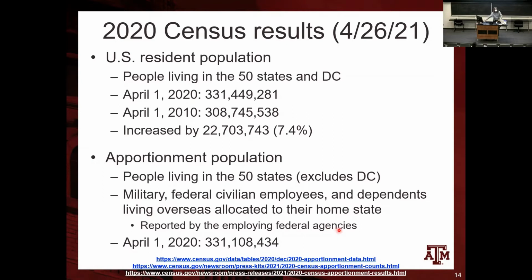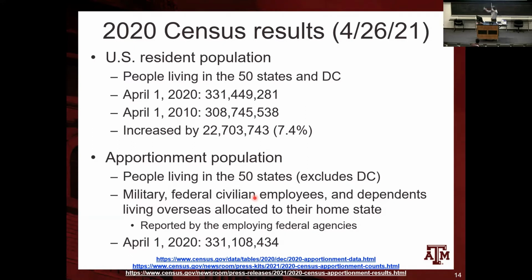So the Census Bureau gets the population of all the US, excludes DC, only 50 states, gets information from other federal agencies about military, federal employees, and dependents living outside, and allocates them to their home states where they live in the US.